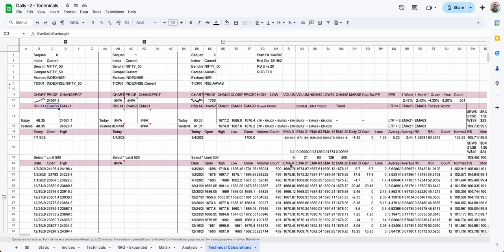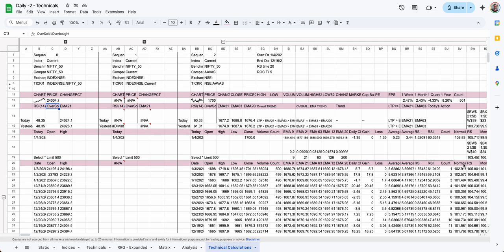In here, I have EMA 9, 21, 63, 126 and 200. I've also calculated the 14-day moving RSI. Post that, I have calculated the normalized returns for a time period that you can customize. The time periods I've chosen are 20, 10, 5 and 50 days.